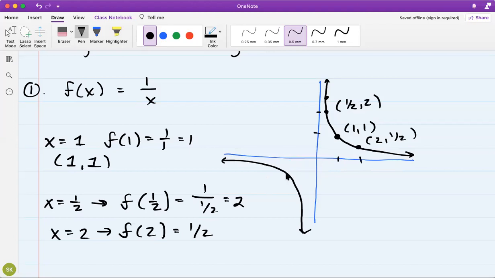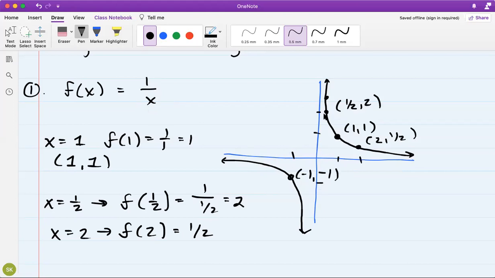We could talk about this side as well by plugging in negative numbers. Notice you can't plug in 0 because 1 divided by 0 doesn't make sense. It's undefined. So that's why we don't have any y-intercepts here. If we plug in -1, you're going to get the point (-1, -1) here.